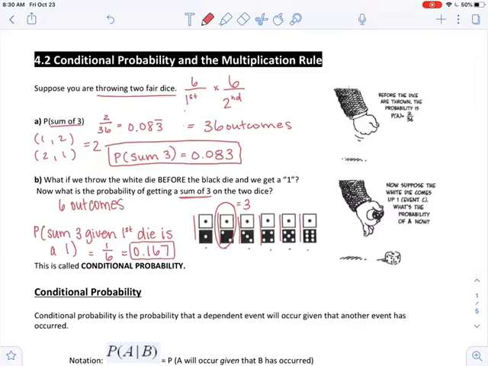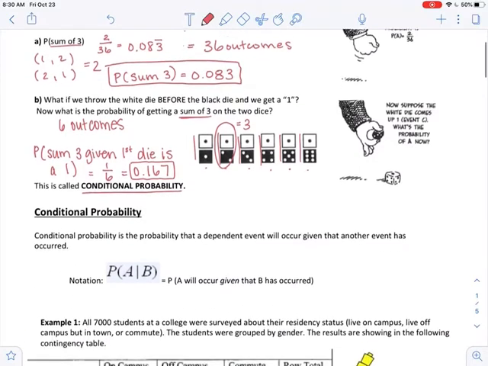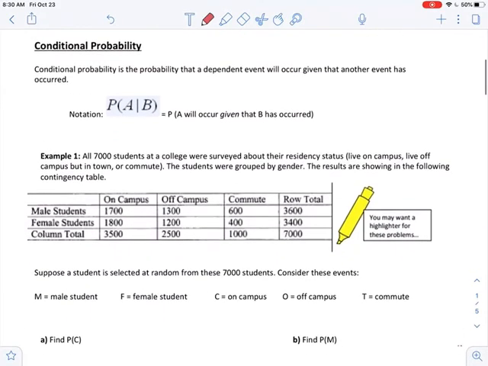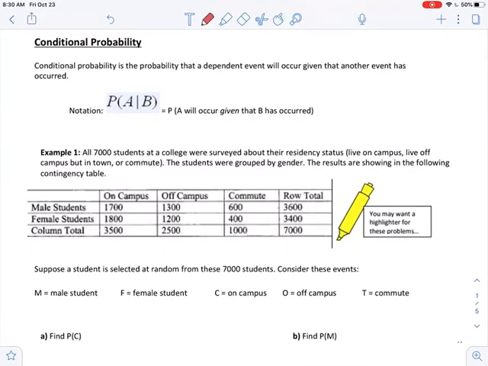Remember, we're rounding to the third decimal place. So if I'm telling you to roll the white die first, that's a conditional probability. With conditional probability, it's the probability that a dependent event will occur given that another event has already occurred. So we notate it as probability of A given that B has occurred. So let's look at example 1.